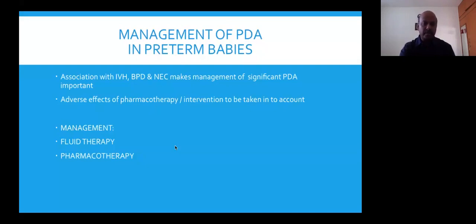Equally effective as indomethacin. Of late, paracetamol is being advised for use, about 60 milligram per kg per day in 4 divided doses. And this has been found to be much safer, but we have to wait and see whether this can be continued. Larger studies are required for advocating use of paracetamol.